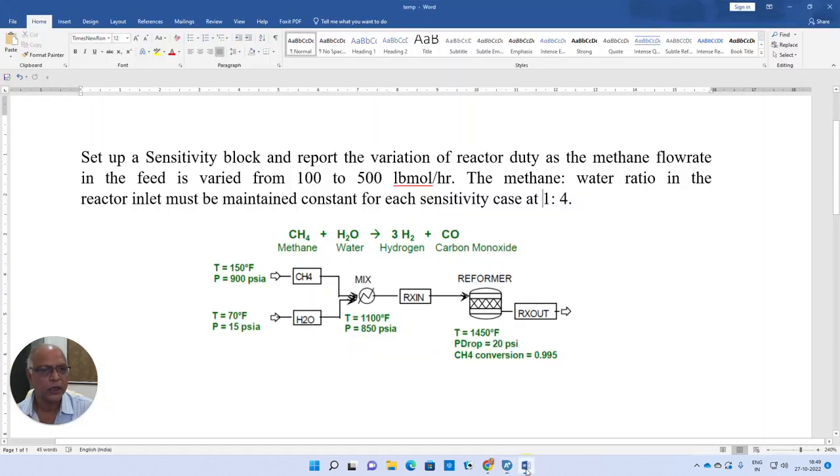Now let us see the conditions at which we are also given the conditions at the exit of the mixer. So let us also define this. Specifically it is given, so it doesn't really matter as far as balance is concerned. However, when you are reporting the duty, it is affected by these conditions.